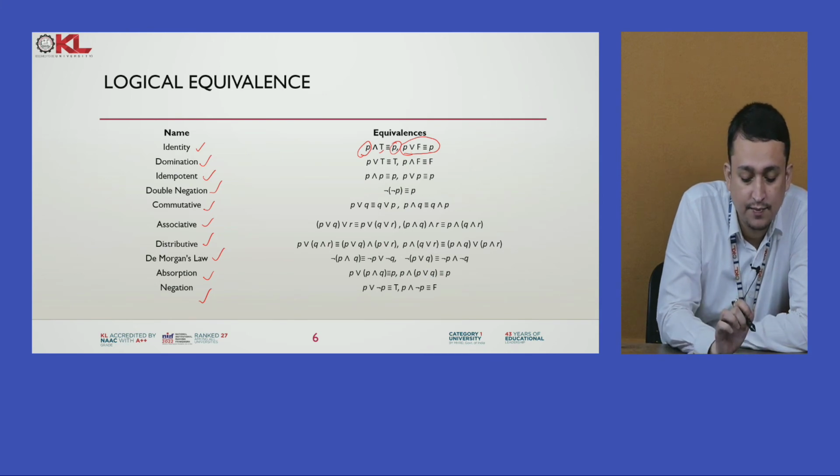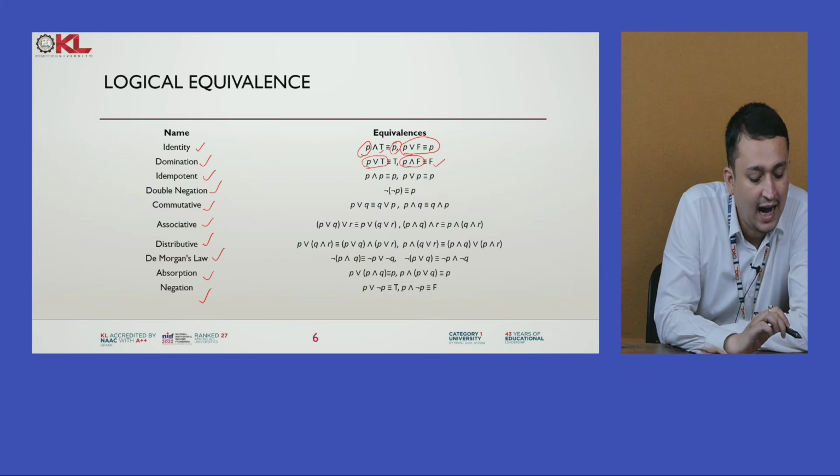Then domination: P disjunction true gives true, P conjunction false gives false, and P conjunction true gives P, while P disjunction false gives P.